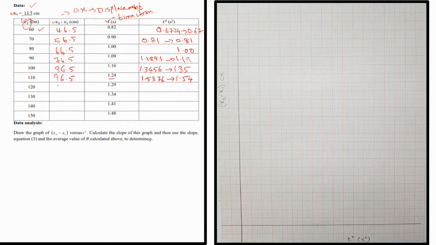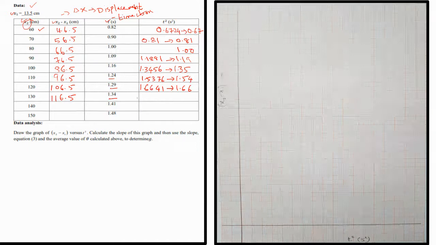Likewise, 120 minus 13.5 will give you 106.5, and then if you square this number, you will get 1.6641. Our third digit is less than 5, so I can just write 1.66. Clear? Likewise, when you come to 130, 130 minus 13.5 gives you 116.5.